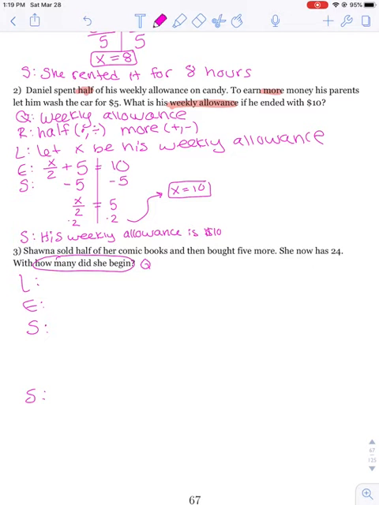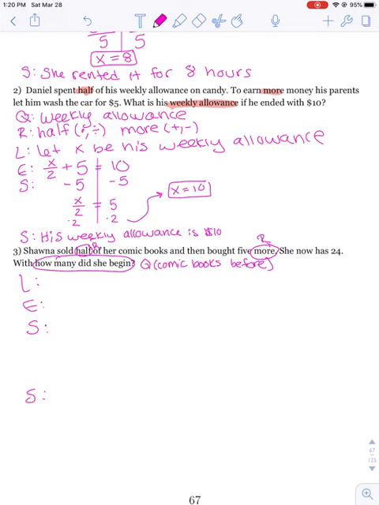So that's my cue. But if that's not clear from the sentence, maybe I'll put in parentheses comic books before. Something like that. How many comic books did she start with? Because they kind of worded it weird. So that's my cue. My relationships, I see half. So that's going to be an R. And then bought 5 more.